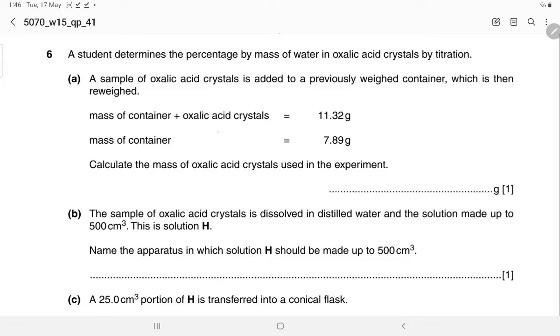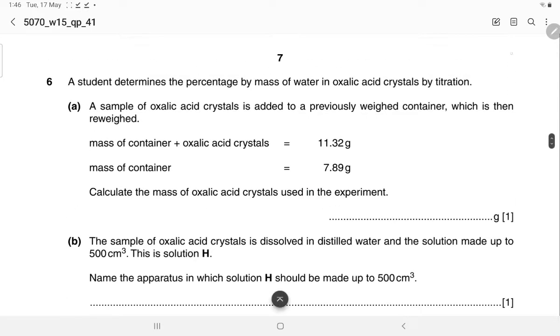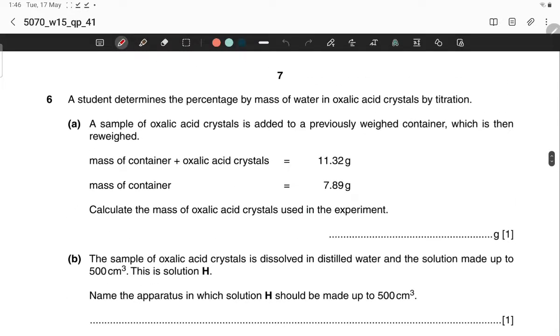Mass of container plus oxalic acid crystal is equal to 11.38 and mass of container is 7.92. So calculate the mass of oxalic acid crystal used by subtracting this.